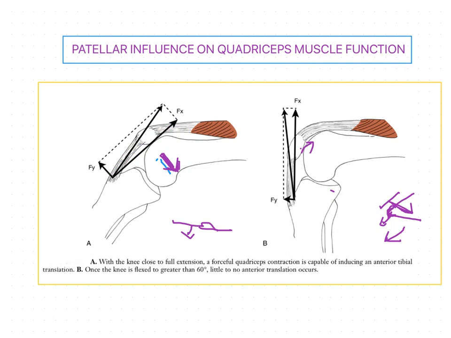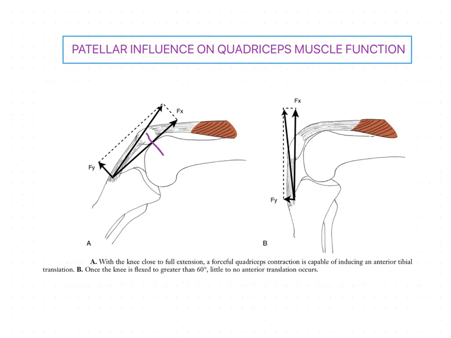Okay, so once it reaches 45 to 60 degrees of knee flexion, what will happen? Again the moment arm is going to increase for the quadriceps because it is coming forward, between the joint axis and this line of action. So the moment arm is increased.